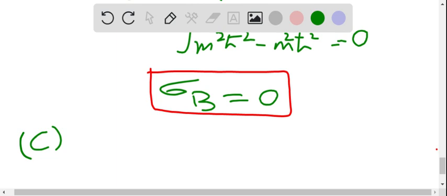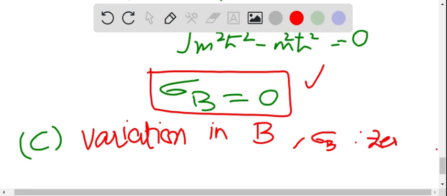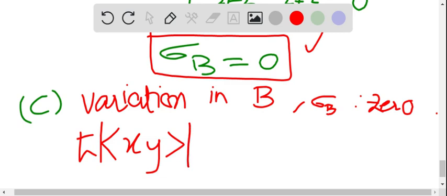So from part B, we see that the variation in B, or sigma B, is equal to 0. And the right hand side of the uncertainty principle that we obtained in part A was h cross times the expectation value of xy, right?